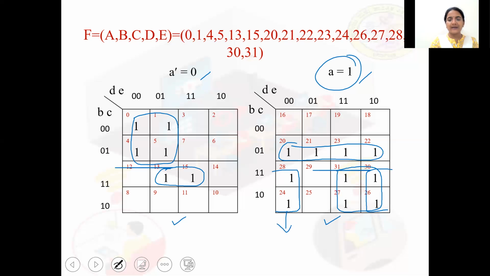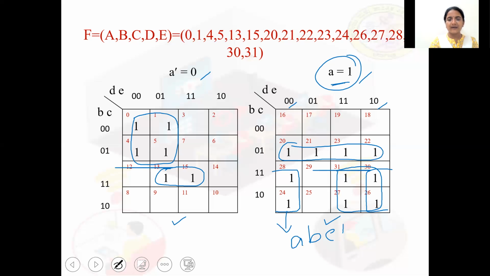This 28, 24, 30, 26 can give us a term. It belongs to the K map whose MSB is A, B, and then from these two columns, we are getting E bar.